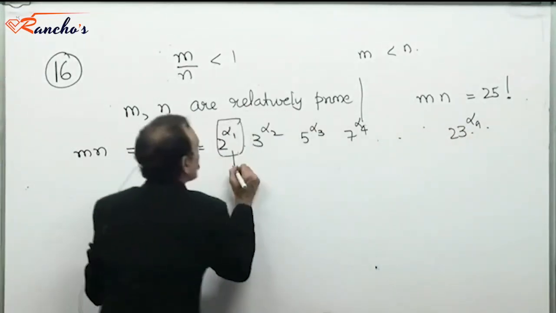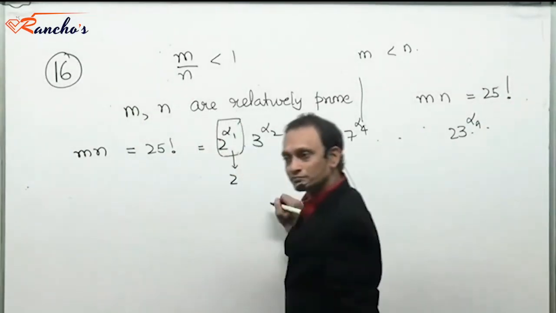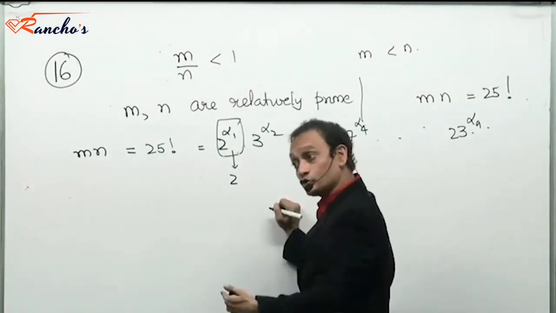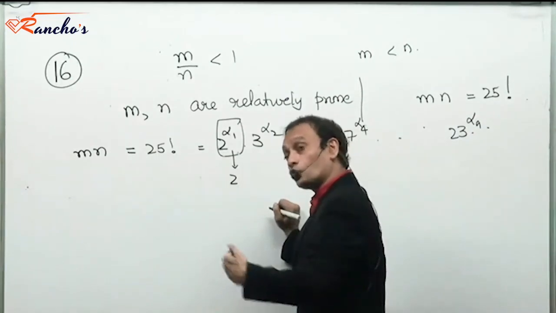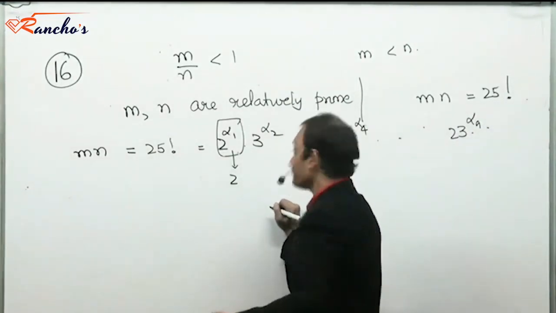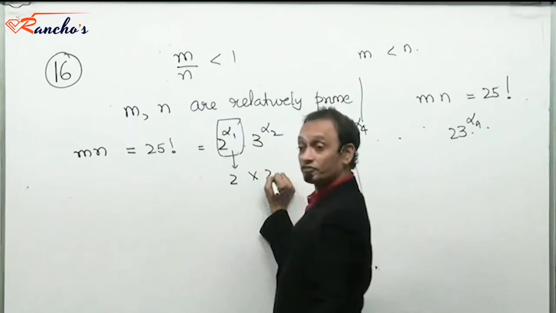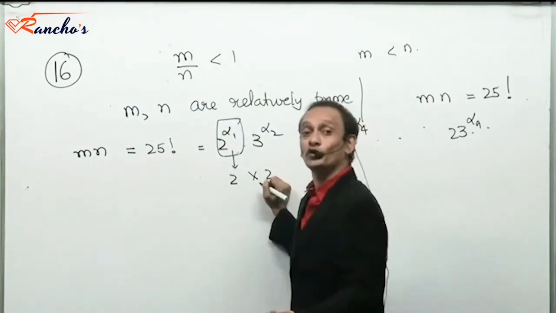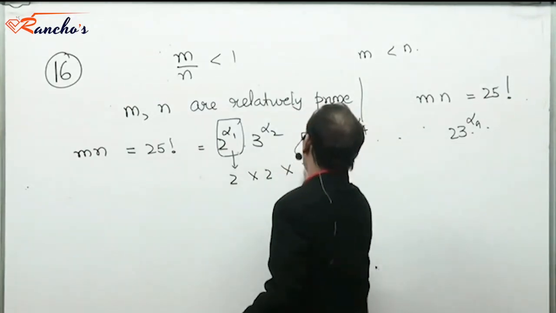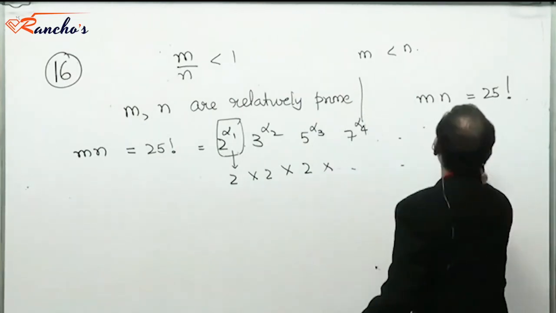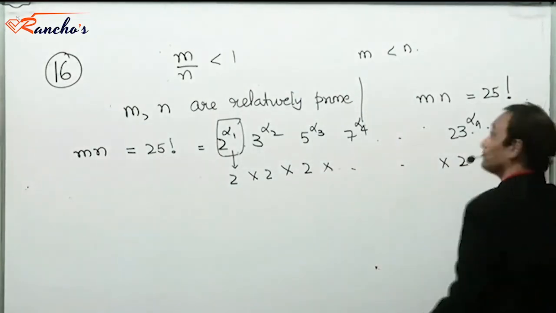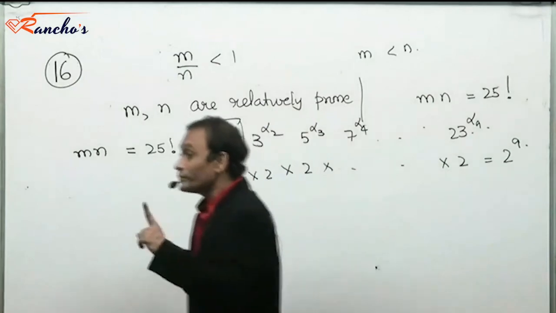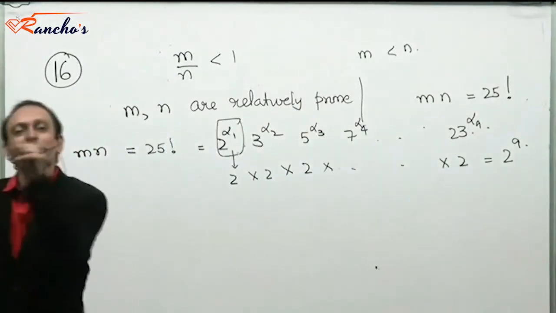So there are 2 ways I can delegate 2 to power alpha 1, either given to m or given to n, to cause them to have no common factor. There are 2 ways I can give 3 to power alpha 2, either to m or to n. 2 ways of doing this. That makes it 2 to power 9. But in half of these cases, m is bigger than n.